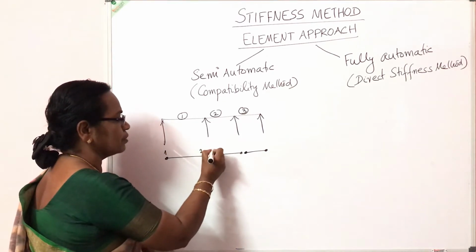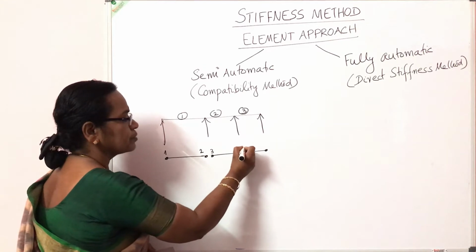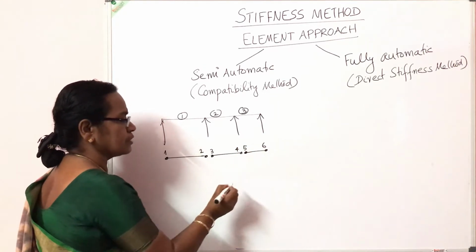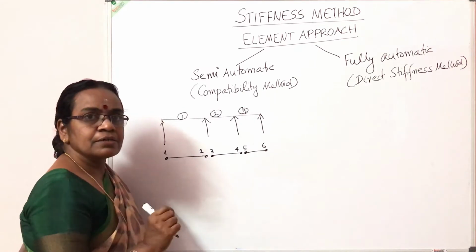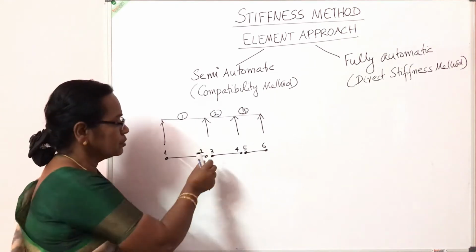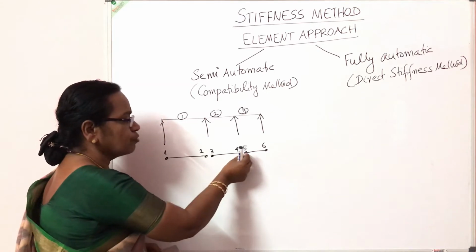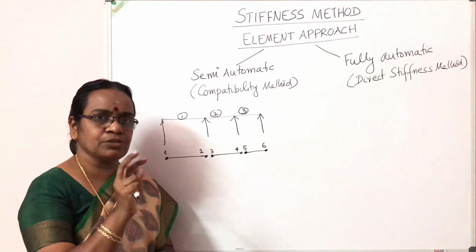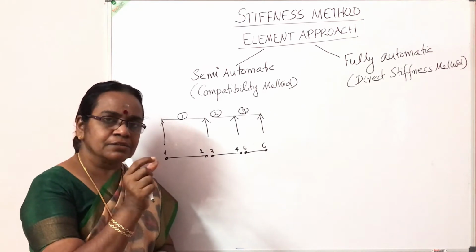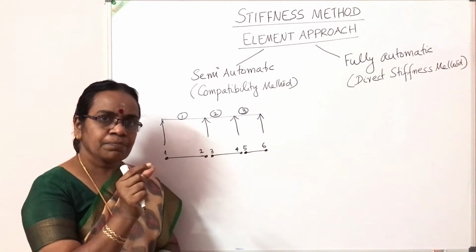For the second element, node 3, node 4, and node 5, node 6. So the 2 and 3 nodes are actually the single node of the structure. So 2 and 3 are connected, 4 and 5 are connected. So in the element approach, each element will have two nodes and the elements are connected at the nodes.